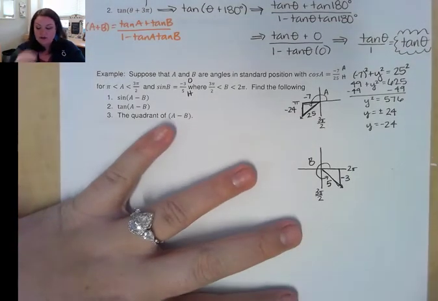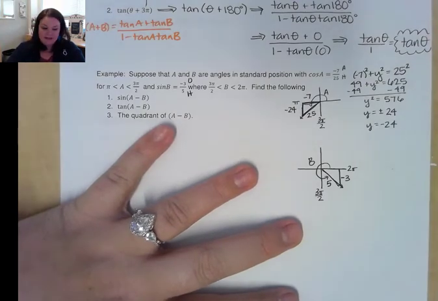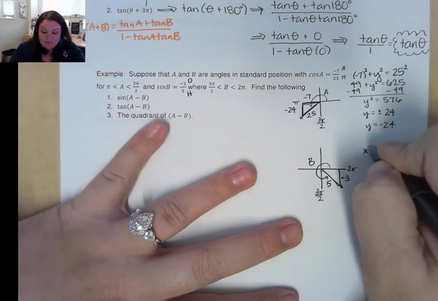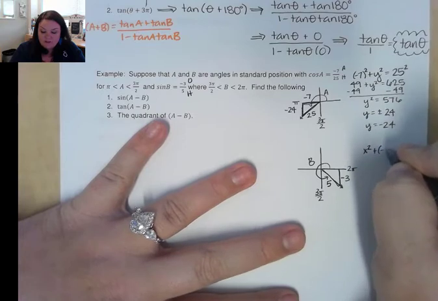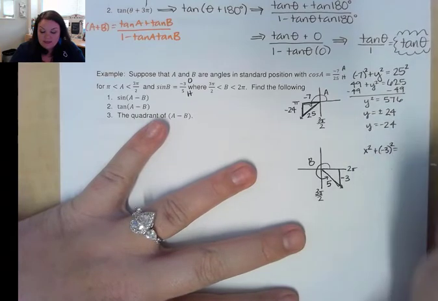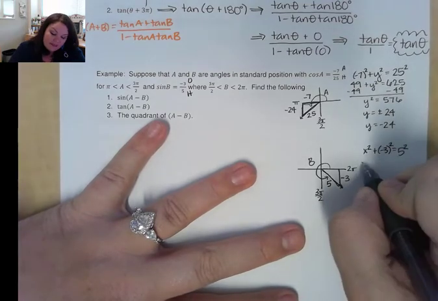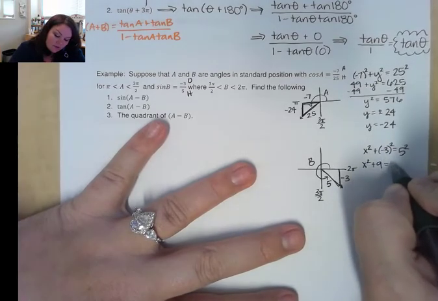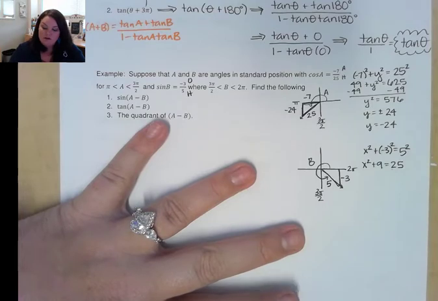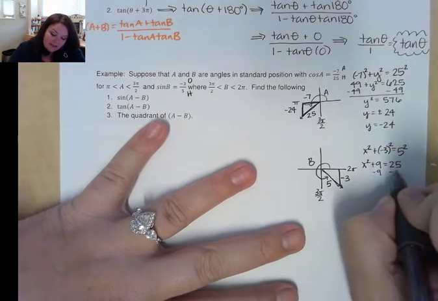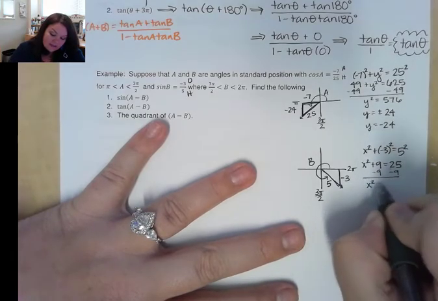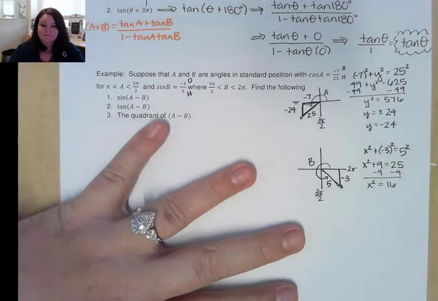So I'm going to go ahead and solve it using the Pythagorean theorem again. We know that x squared plus my y squared, so negative 3 squared, equals my hypotenuse squared. So that means that x squared plus 9 equals 25. And then I subtract my 9 to the other side. So that means that x squared equals 16.